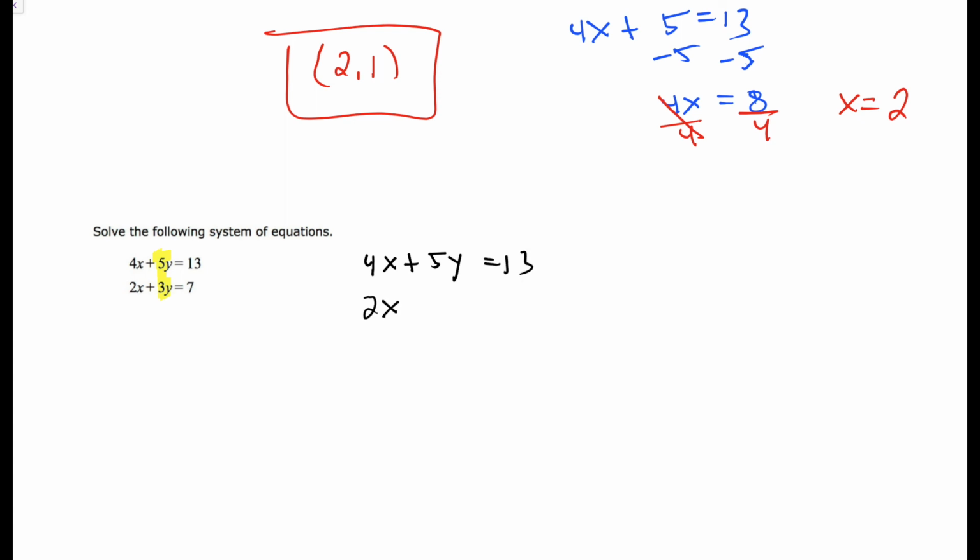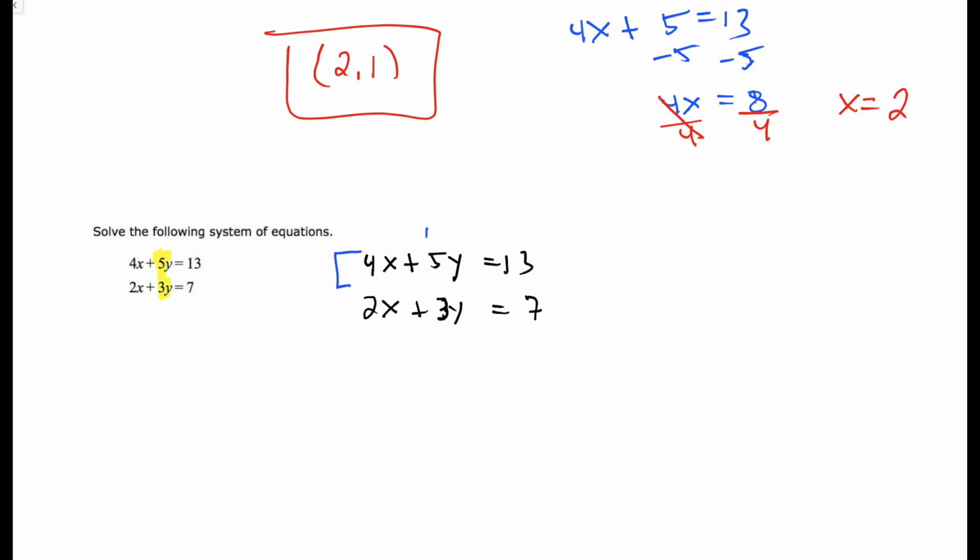And 2x plus 3y equals 7. Okay, so what am I going to do? Sure. You can just, but I want you to match up these, because it's really easy just to multiply this one by 2, right? So we're going to do the harder method to match up the 5 and the 3.